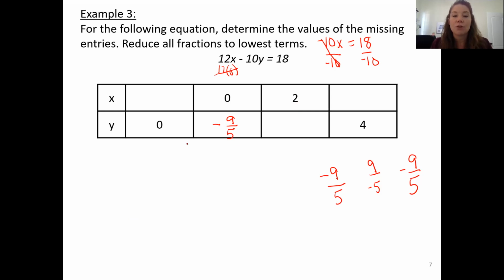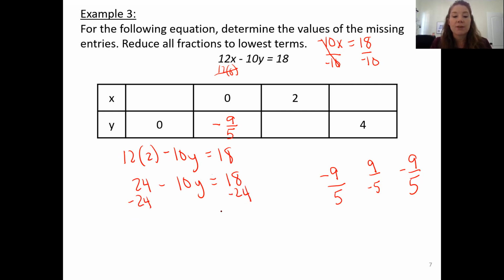What if x is 2? So we're going to multiply 12 times 2. Bring everything else down. So 12 times 2 is 24. We're going to solve for y. So we're going to do that by subtracting 24 from both sides. So we bring all that stuff down. This is gone. Negative 10y is equal to, what is that?